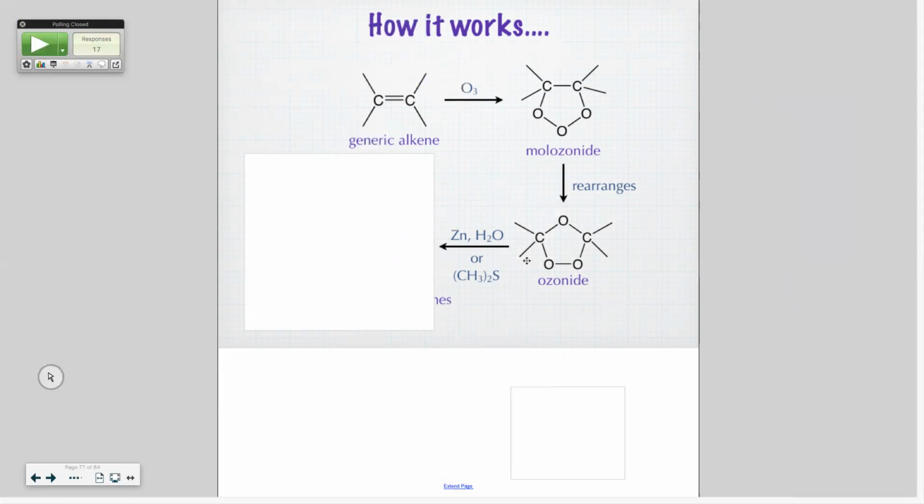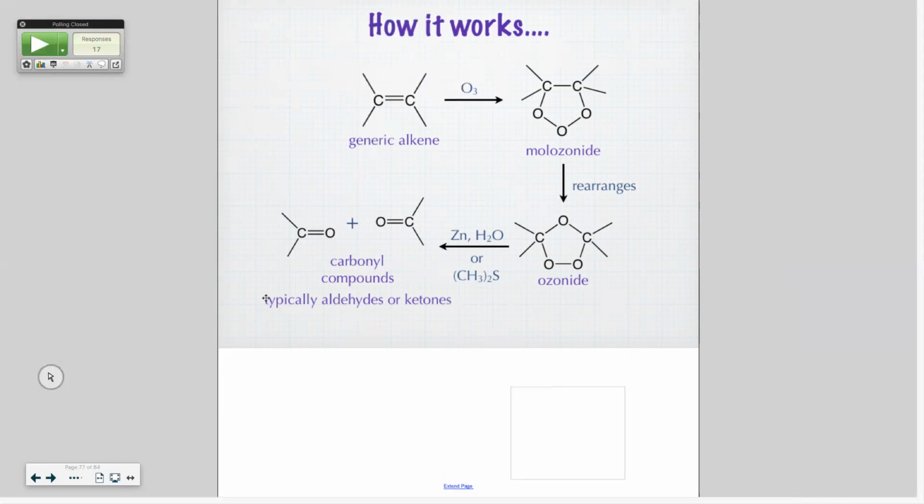Look at what happened. It opens and recloses. It's funky. We're not going to worry about it. That is your ozonide. And then you have to add one of 2 things, either zinc in water or dimethyl sulfide. Either one will do the same thing and give you your carbonyl compounds. We are going to get aldehydes and ketones, no carboxylic acids.